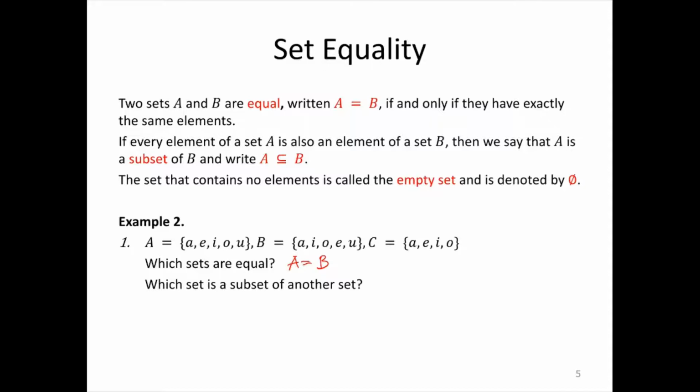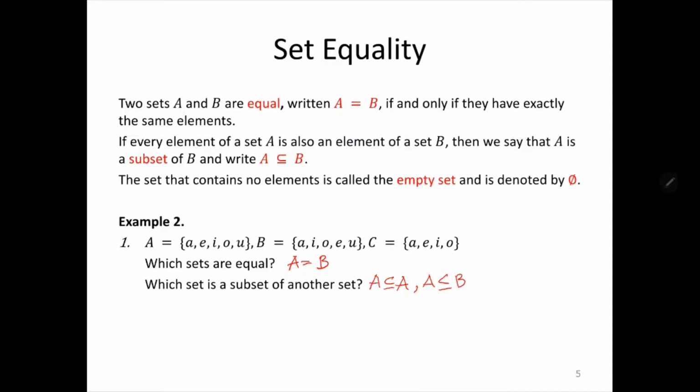And of course, if we consider A, it will be a subset of itself, because every element of A is also an element of A. So we have here A is a subset of A. What about A and B? Yes, every element of A is also an element of B, so we can write that A is a subset of B.